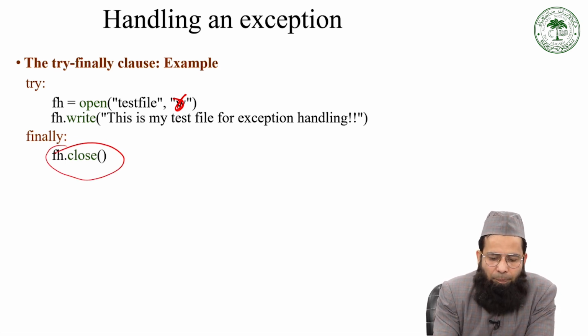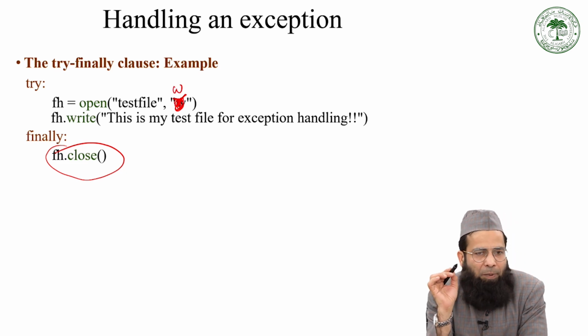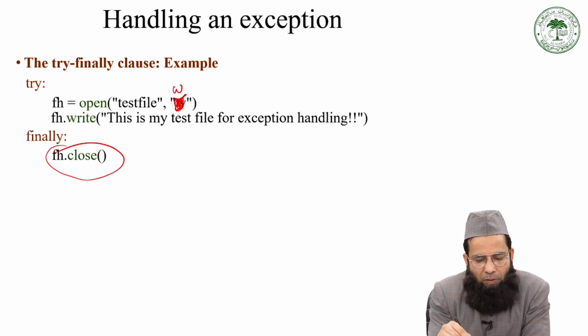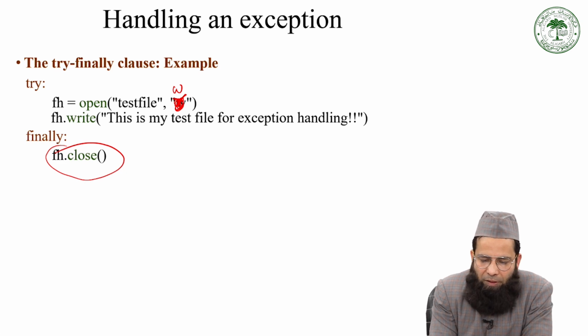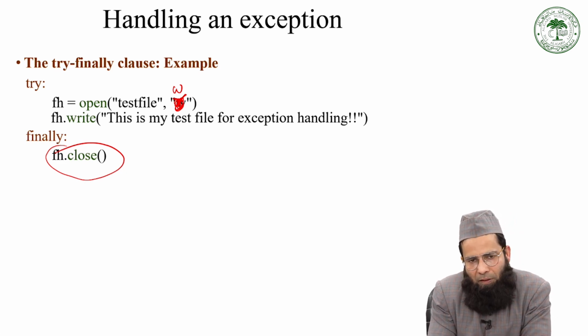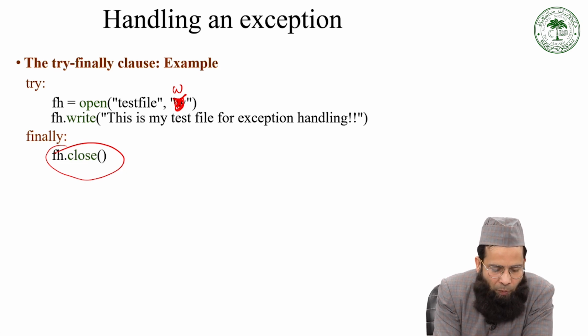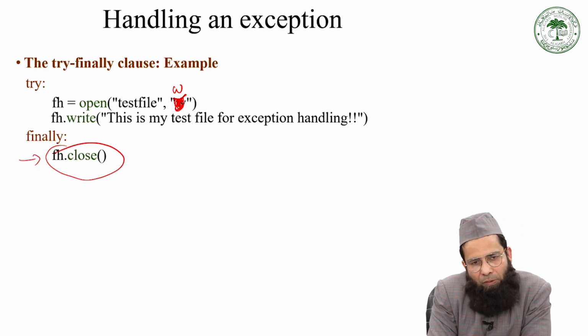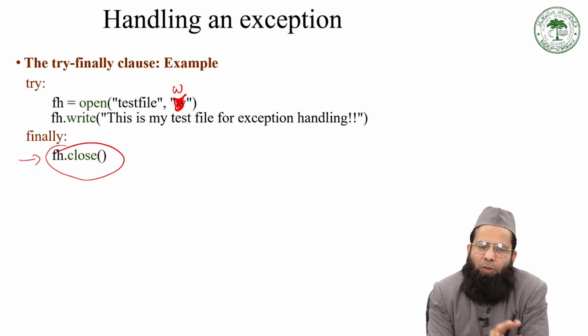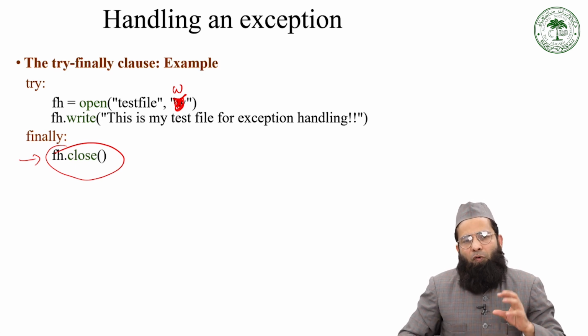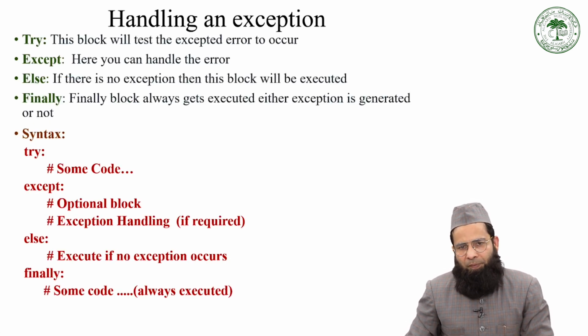Suppose it is for write purpose. There is no such exception in this case, and it would try to write content into this file. Everything is okay. Still, it would come to this block and try to close the file. So your finally block would always be executed.